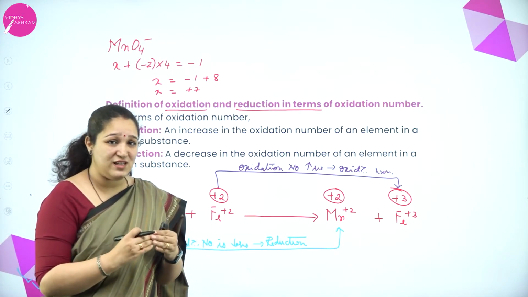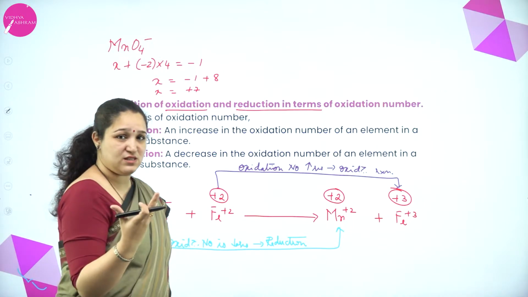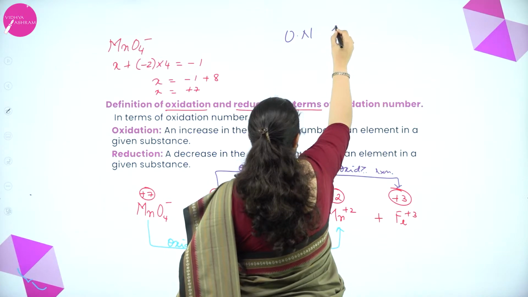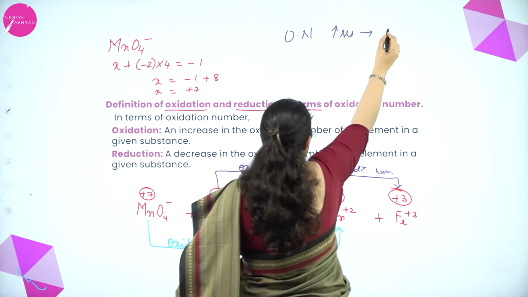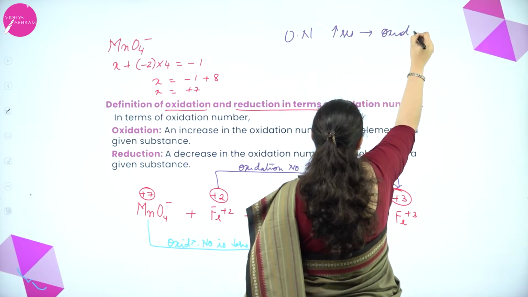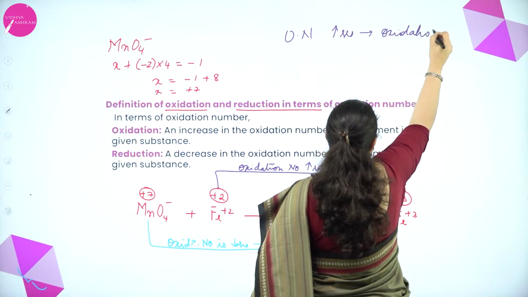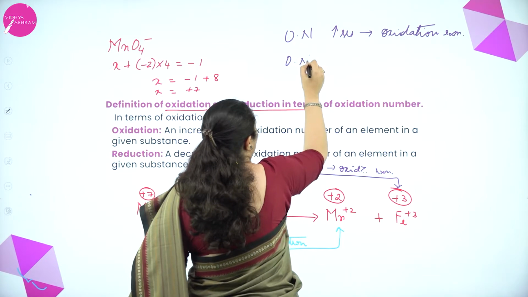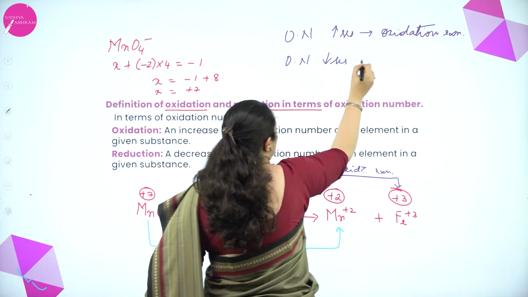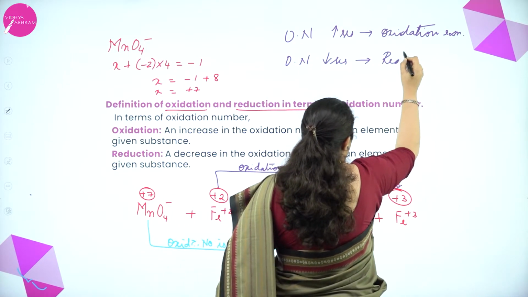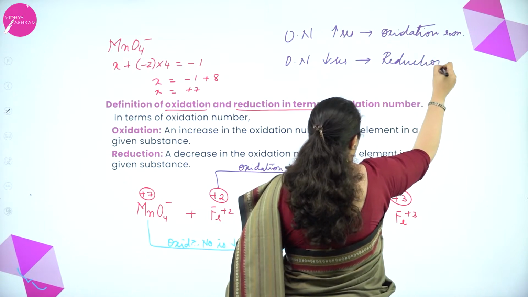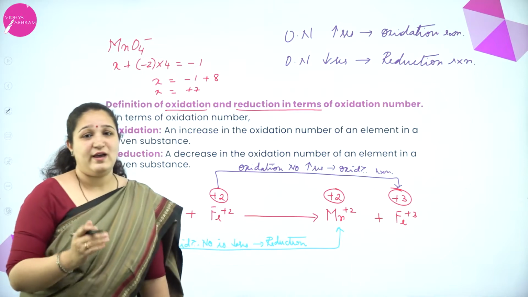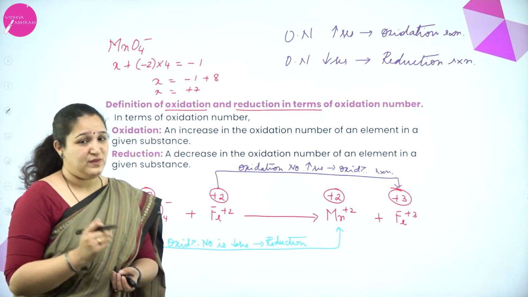If the oxidation number increases, it is an oxidation reaction. If the oxidation number decreases, then it is a reduction reaction. Okay. So I hope you have understood about this.